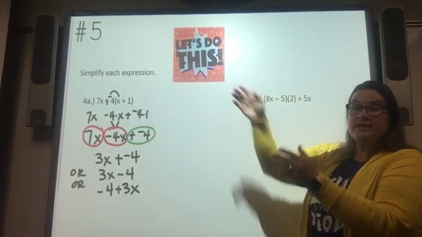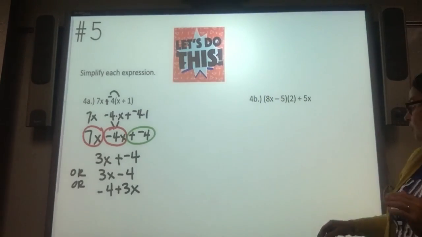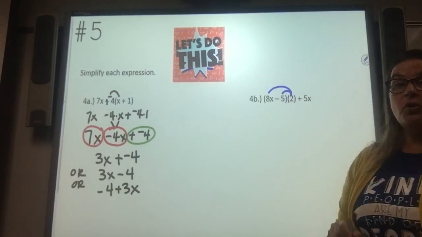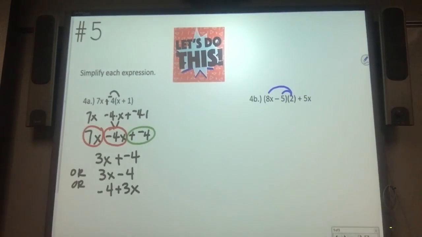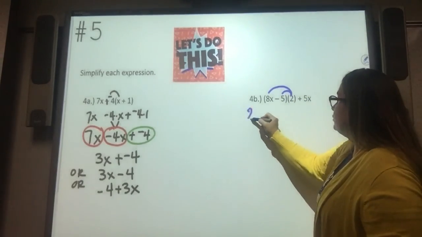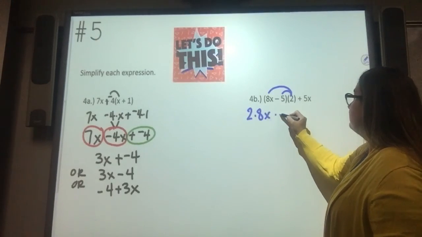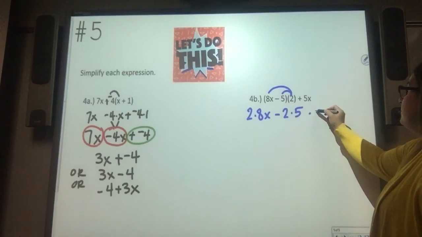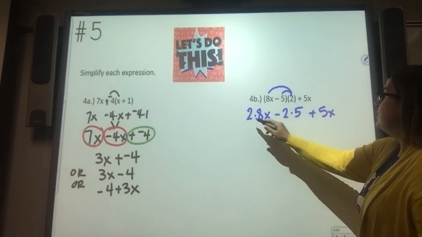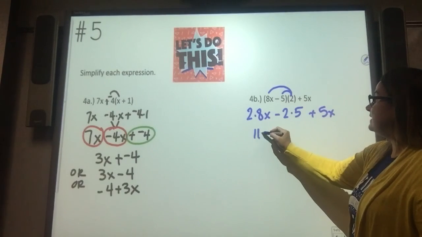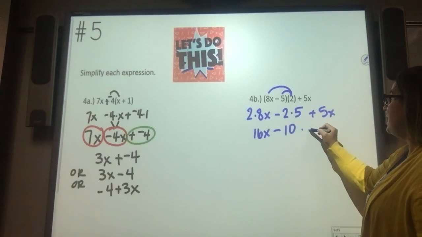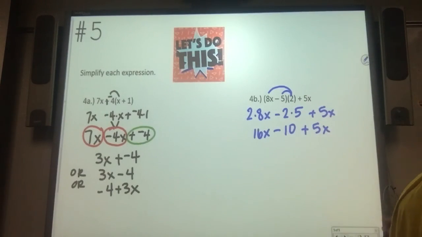Last one, let's do this. Last one, here we go. We're going to take this 2 and we're going to distribute it to both terms inside the grouping symbol. We've got 2 times 8x minus 2 times 5 plus 5x. 2 times 8x is 16x minus 2 times 5 is 10 plus 5x.